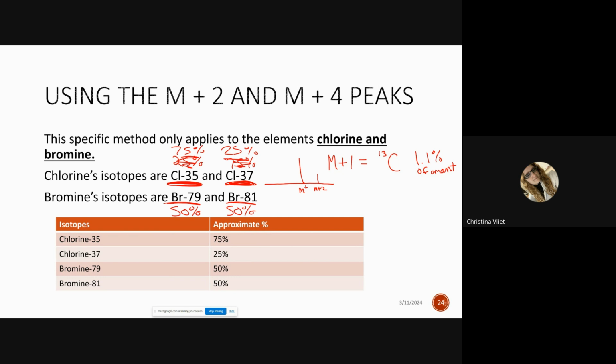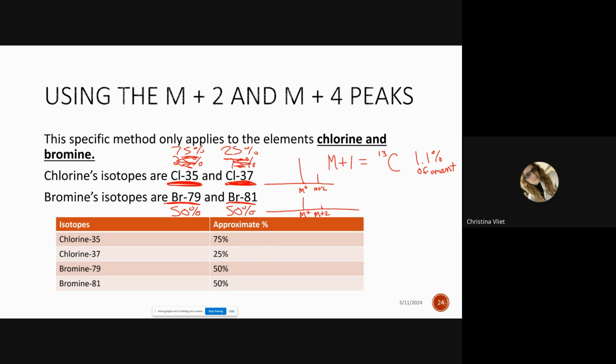Of all of your samples of bromine, half are one and half are the other. So how would this be evident in a graph? Your molecular ion peak would be this height. And at the M plus 2 position, what would be the size of the peak compared to the regular one?